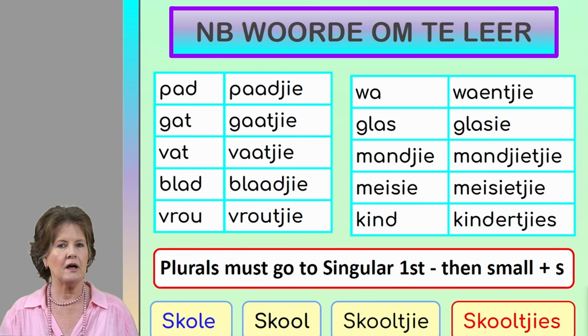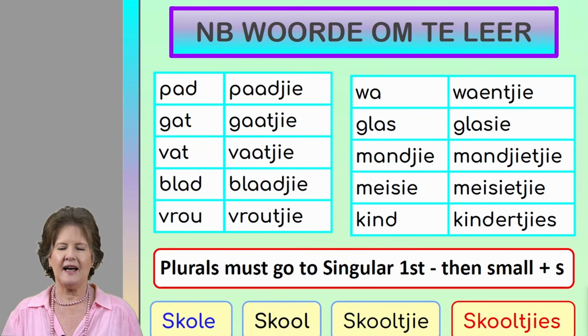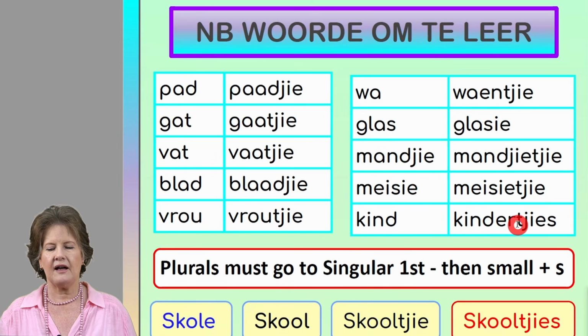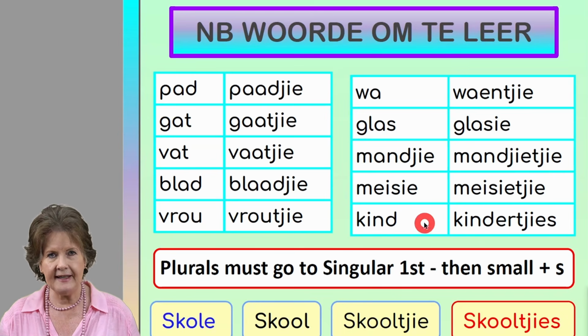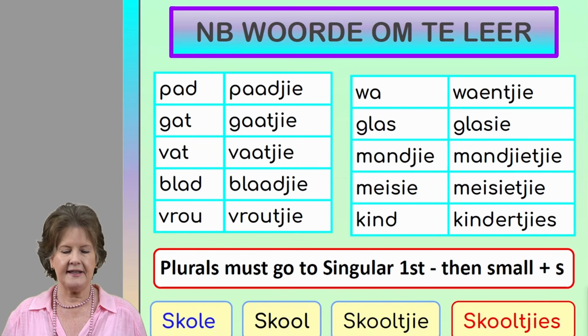It's not small. We won't give you a small and ask you to make it small. So you just add a TJIE, and that is the small of children. Okay, sorry, it should be kindjie with JIE, and the plural is kindertjies.